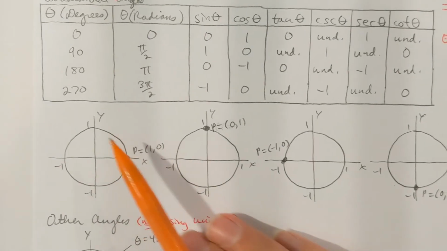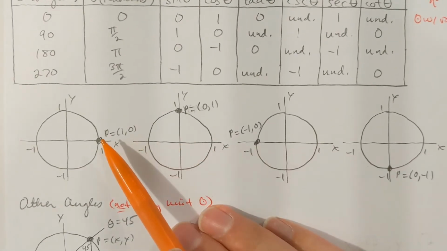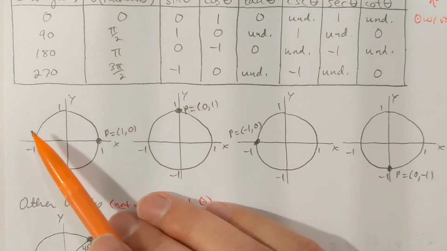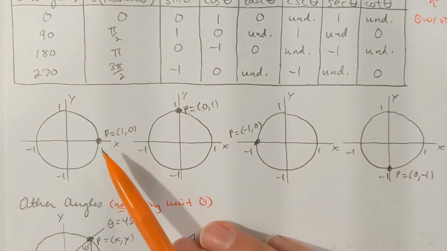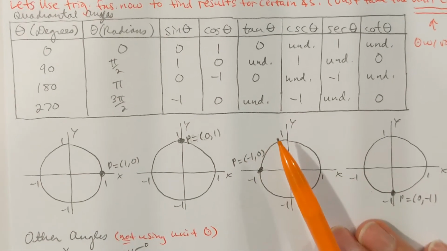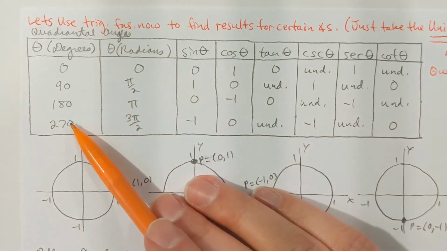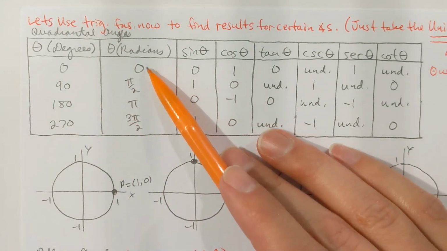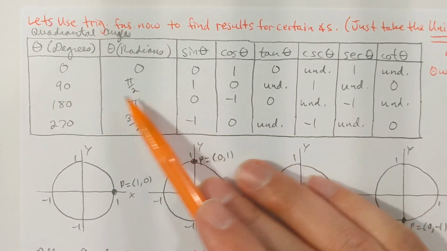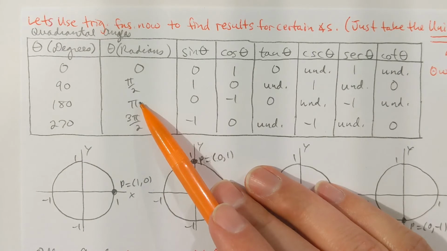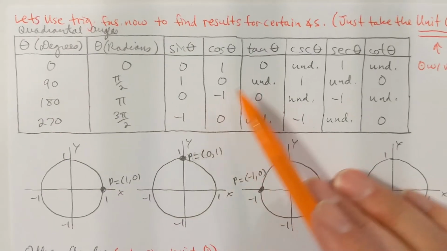Okay, so I've got several circles of radius 1 drawn, and point P located at a certain spot here on the circle, which is going to also lie on one of the 4 major axes. So I've got the angle that we're talking about in degree measure. What that would also look like in radian measure, okay, so 90 degrees is the same as pi over 2 radians, 180 degrees is the same as pi radians, 270 degrees is the same as 3 pi over 2 radians.